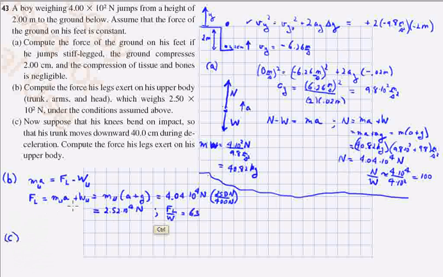Okay, part number C now says, say that he bends his knees on impact and stops his downward motion in 40 centimeters instead of the 20 centimeters that was originally used for both parts A and B. Okay, so the idea here is the distance stopped is 20 times greater, and from this equation right here, this now will be 20 times as big, which means the acceleration will be 20 times less.